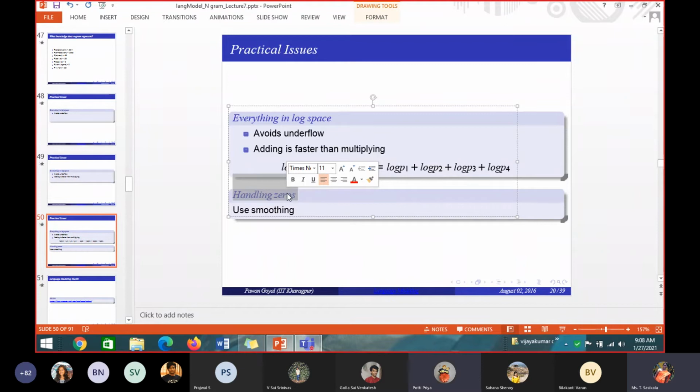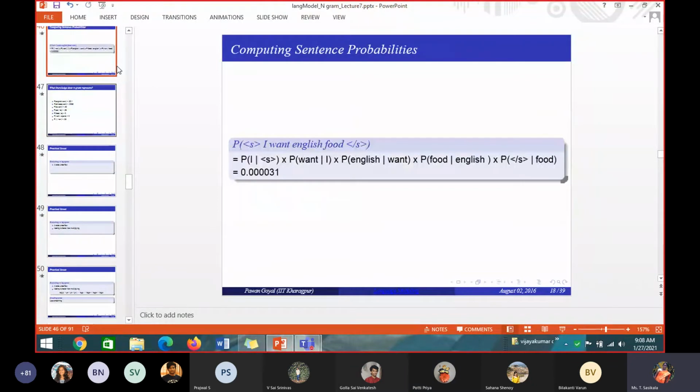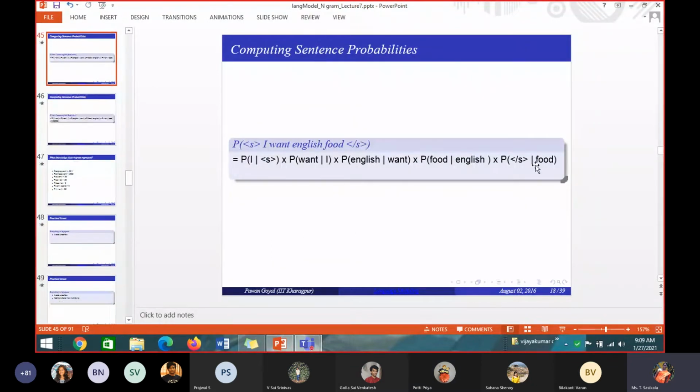See, this is a bigram count, right? This is how you are multiplying all the probabilities. So what is the problem you will be getting? What is the zero problem?